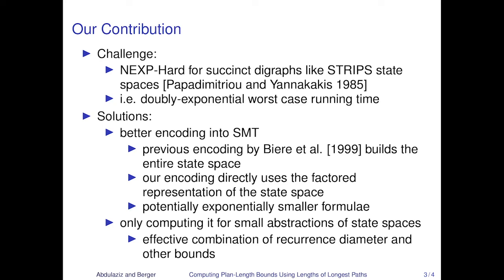The problem of that encoding is that it builds the entire state space and then produces a formula whose size is quadratic in the size of the entire state space, so it can be exponentially bigger than the given problem.